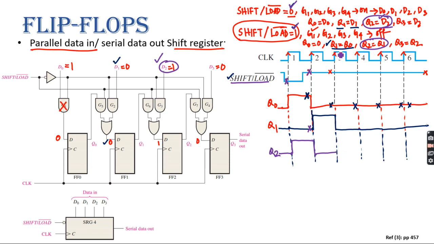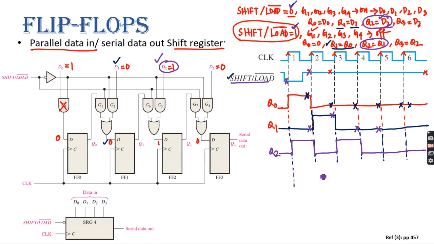And before this positive pulse, what is the value of Q1? 1. So it will switch to 1 and remain 1 until what is the value of Q1 here? 0, sir. So it will switch to 0. What is the value of Q1 here? 0. So it will remain 0 until this pulse ends, right? Yes, sir.